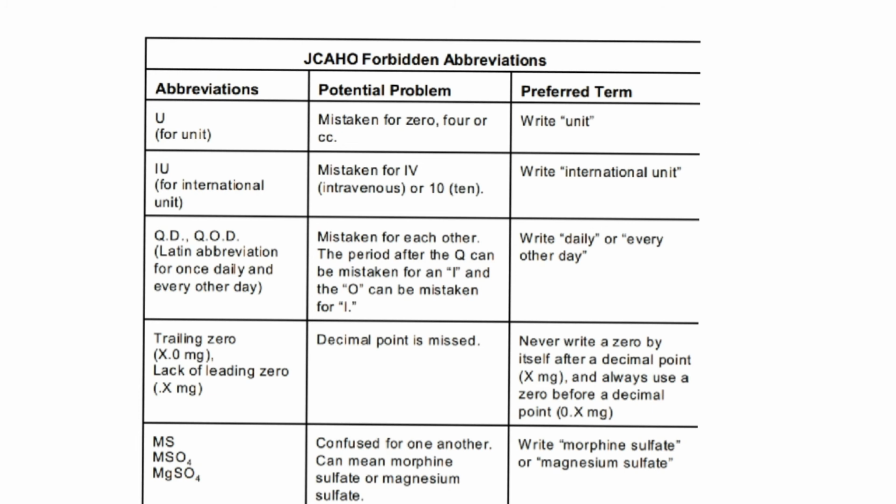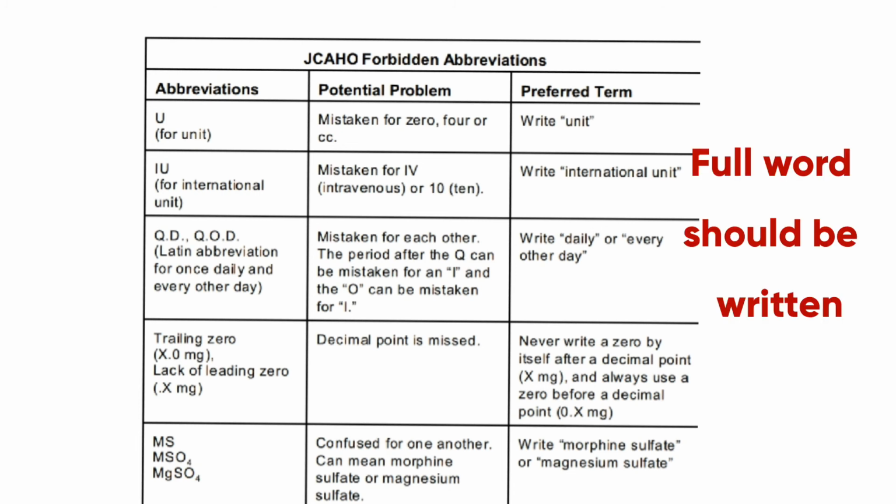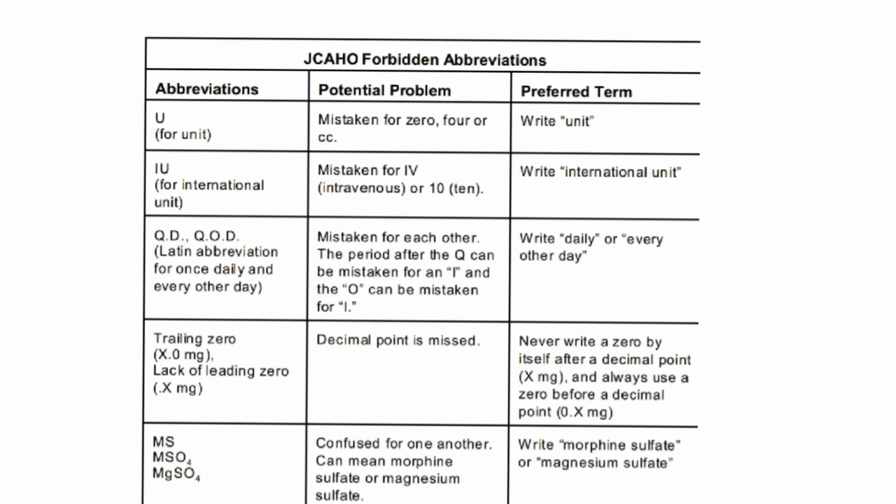For these abbreviations, doctors must write the full word and not abbreviations on any prescription or medication-related documents. First one is U, which means unit. It's usually mistaken for 0, 4, or cc. IU, international unit, is mistaken for IV or 10.